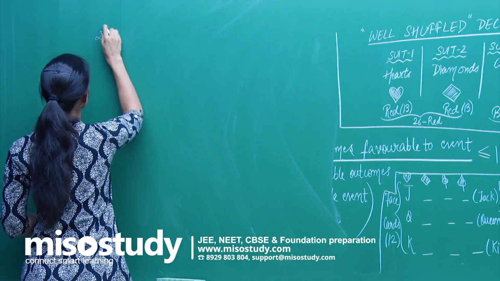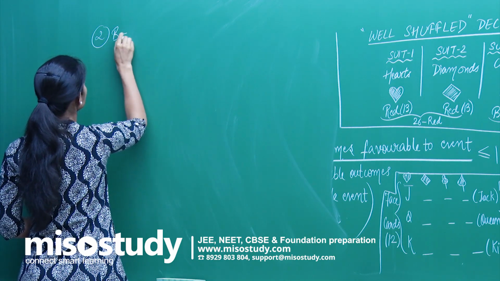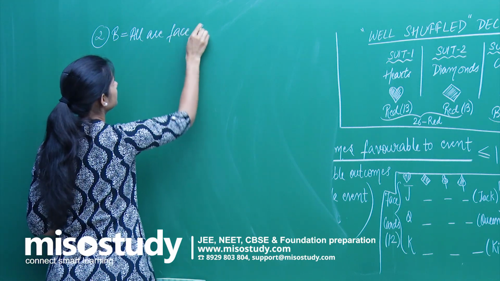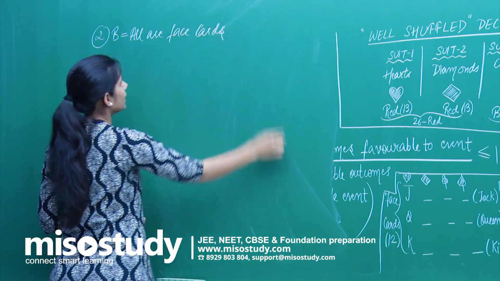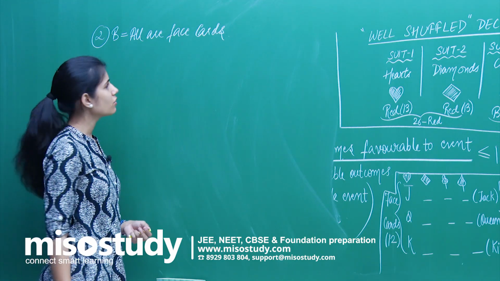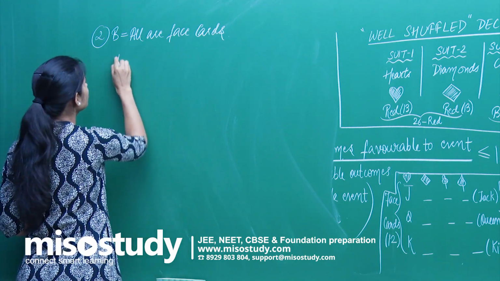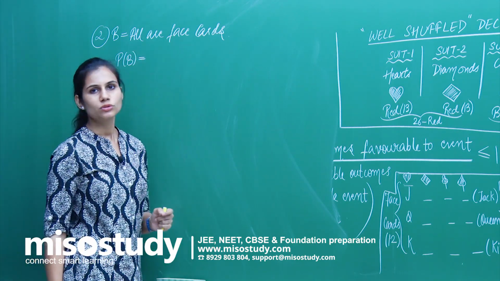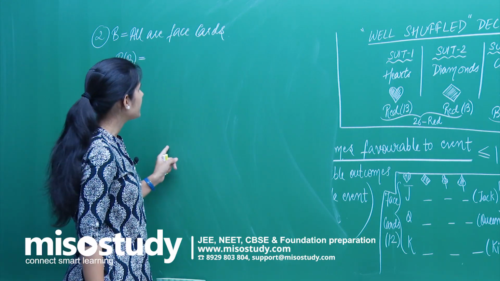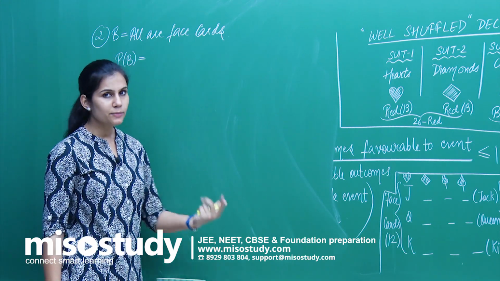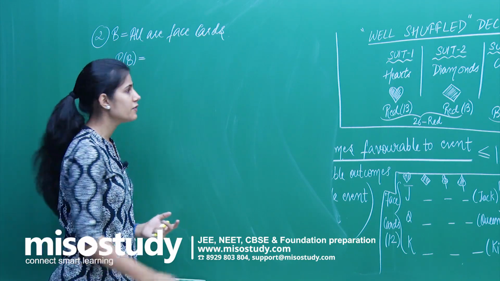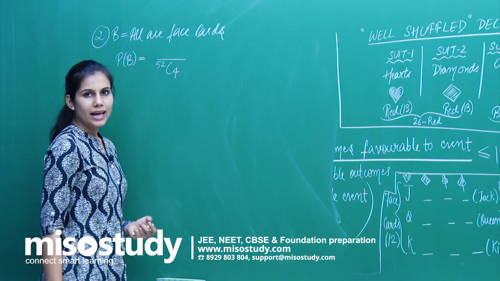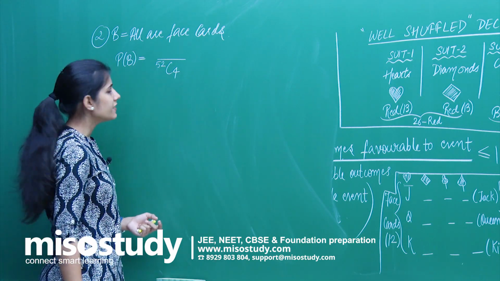Next, give me the probability that all cards are face cards. Now, you know the probability of B is the number of elementary events favorable to this event B. Now see, all are face cards. How many total ways are there in which 4 cards can be drawn from 52 cards? They are 52C4. And what ways are favorable to my event B?